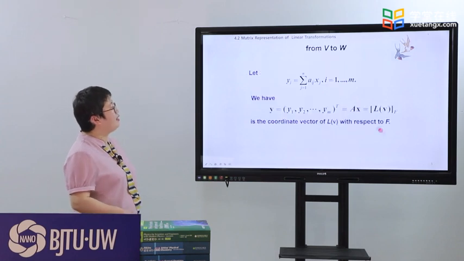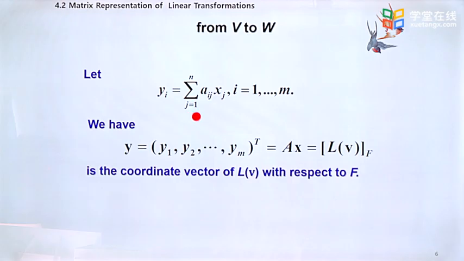So we let yi equals summation j varies from 1 to n of aij times xj, for i varies from 1 to m. That is, we have y equals A times x, which represents the coordinate vector of L(v) with respect to the basis F.